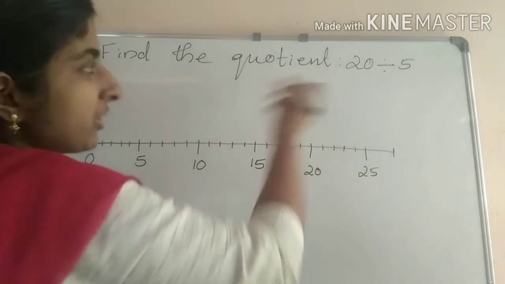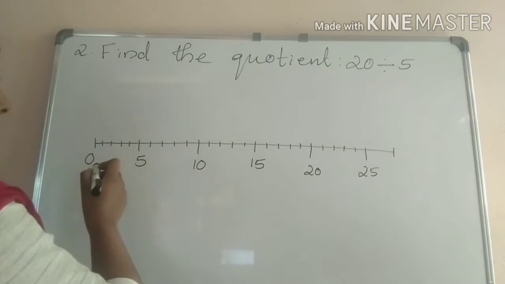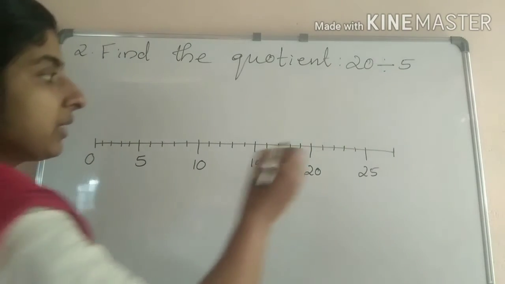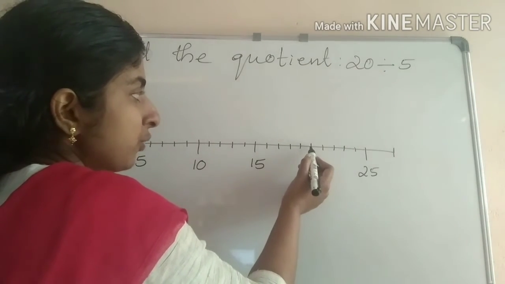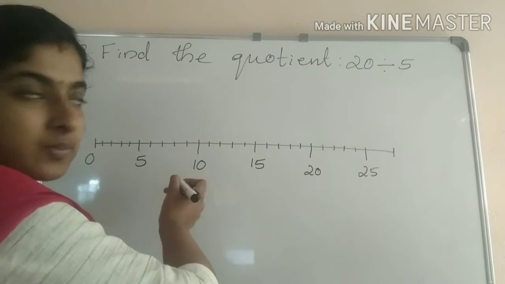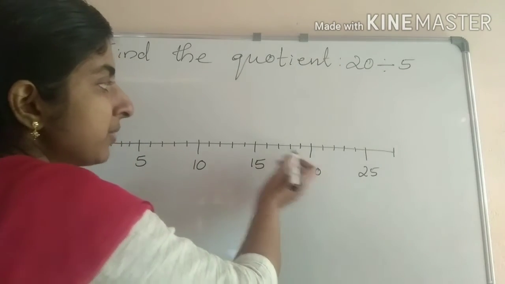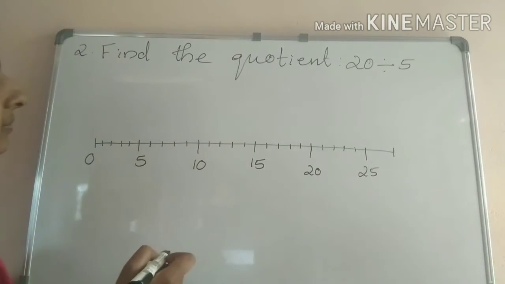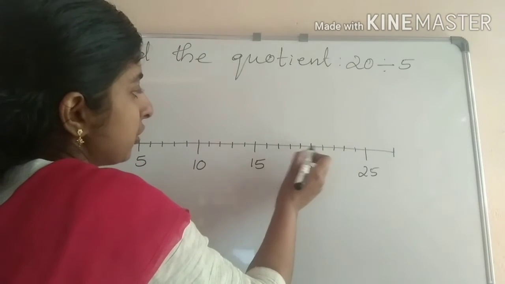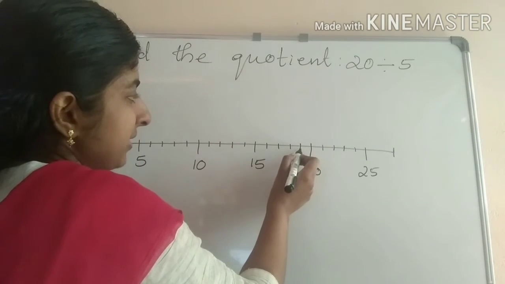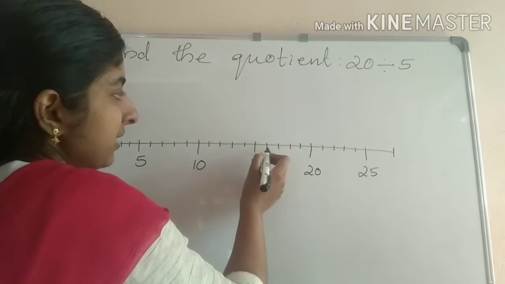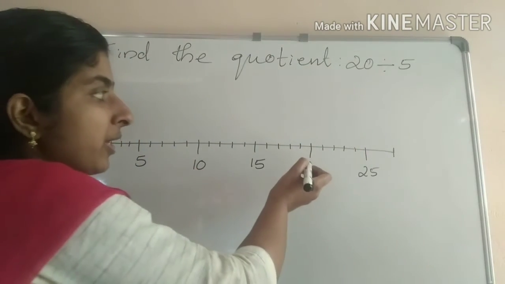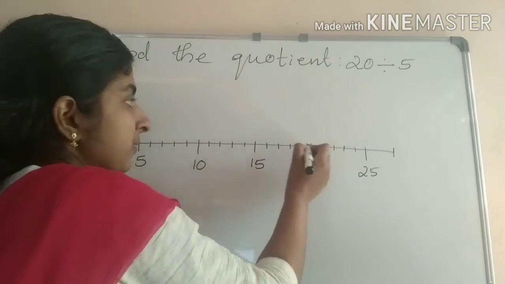See the second question. Find the quotient 20 divided by 5. 20 is the dividend, 5 is the divisor. Here, from 20, we move 5 numbers backward at a time. Starting from 20, 19, 18, 17, 16, 15. The divisor is 5, so we move 5 numbers backward.